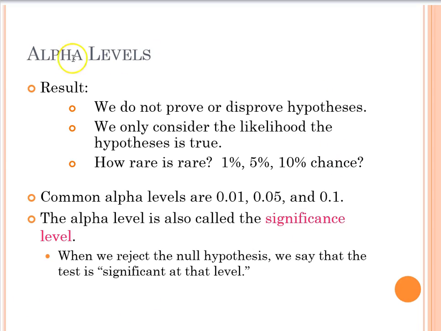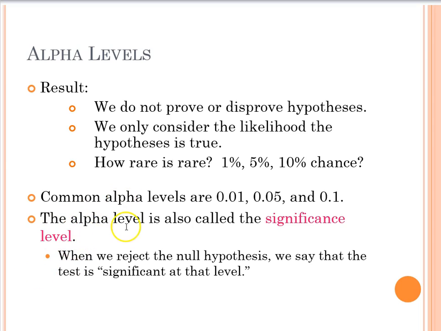And so these alpha levels are similar to that level of evidence that we're requiring. The more evidence that you require, the smaller the alpha is going to be. So it's more difficult to disprove the null hypothesis or to provide evidence against the null hypothesis with the smaller and smaller alpha level.